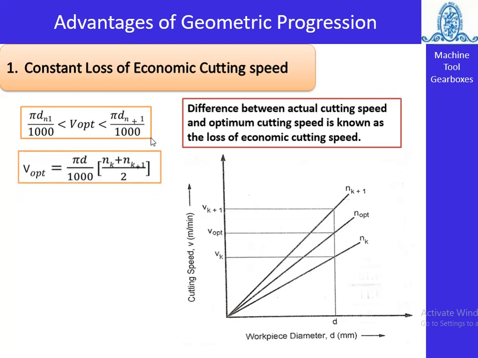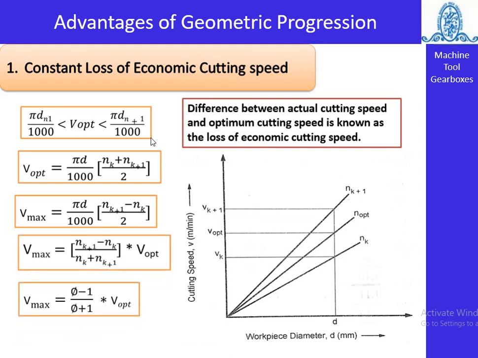We can say that V optimum equals πd upon 1000 into (nk + nk+1) divided by 2. By solving this we come to know that Vmax, the maximum cutting speed, depends totally on φ. Vmax equals (φ − 1) upon (φ + 1) into V optimum.